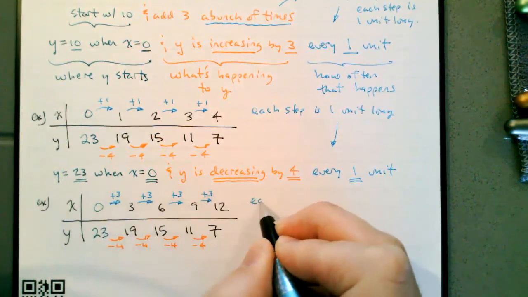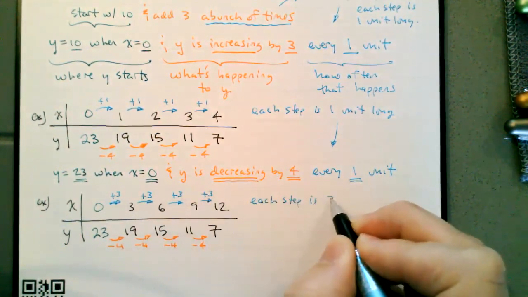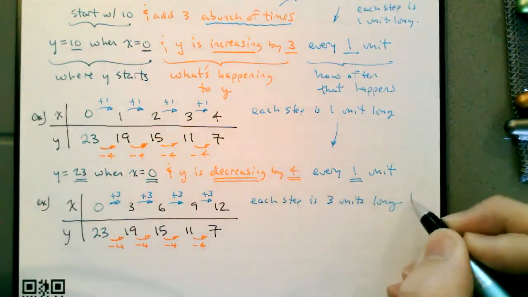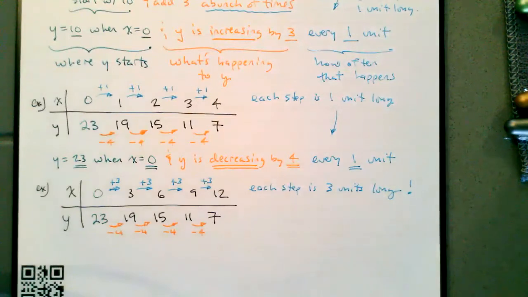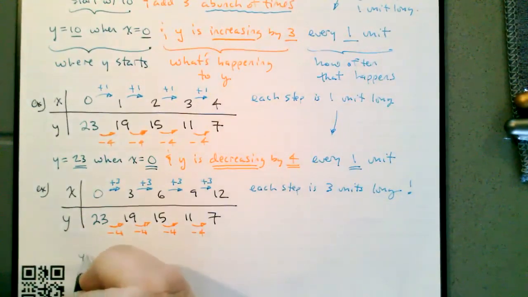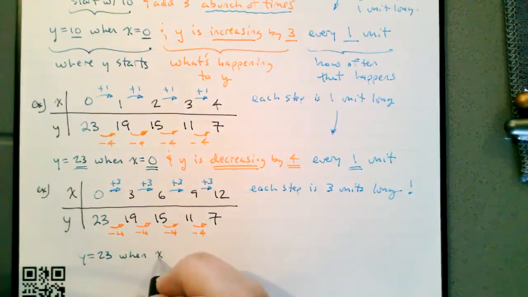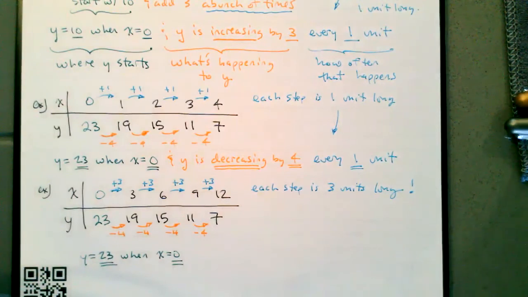So each step is 3 units long. That's the adjustment we've made in this pattern. So our description would say y equals 23 when x equals 0. We're tying the 23 and the 0 together as 1 point.